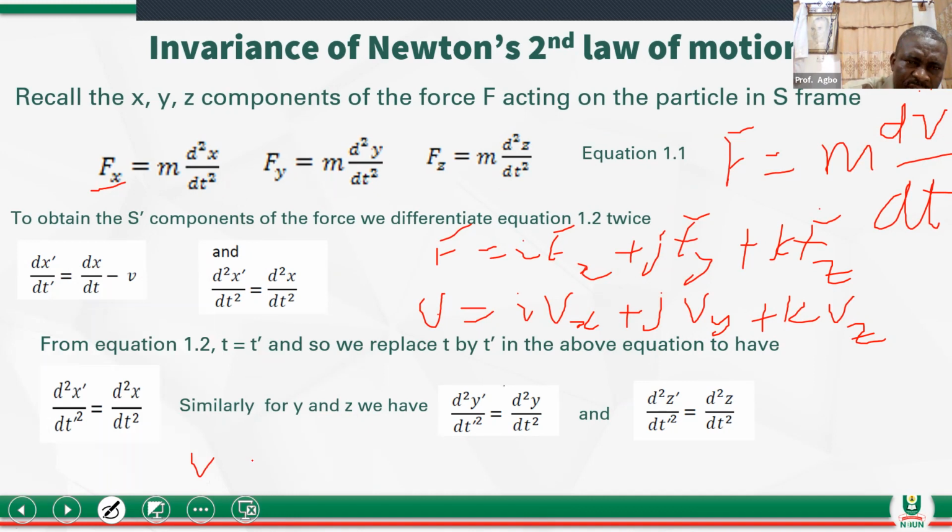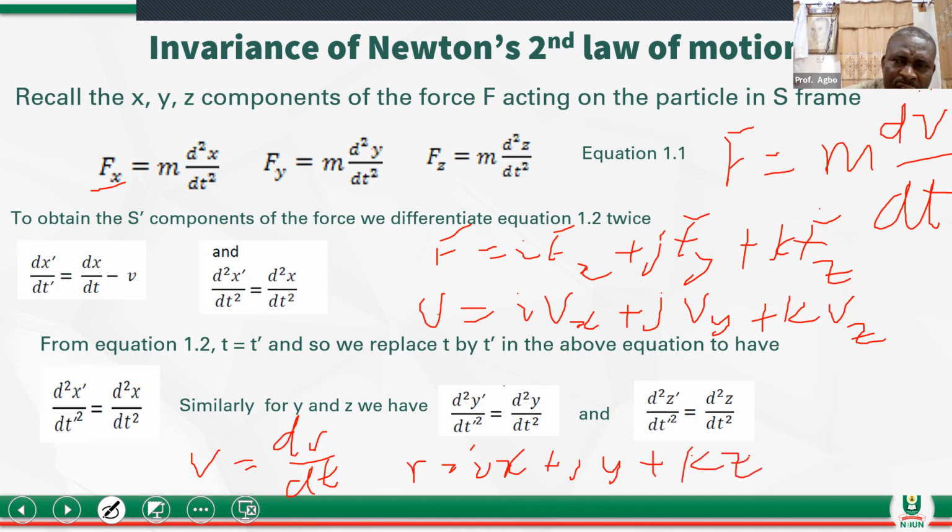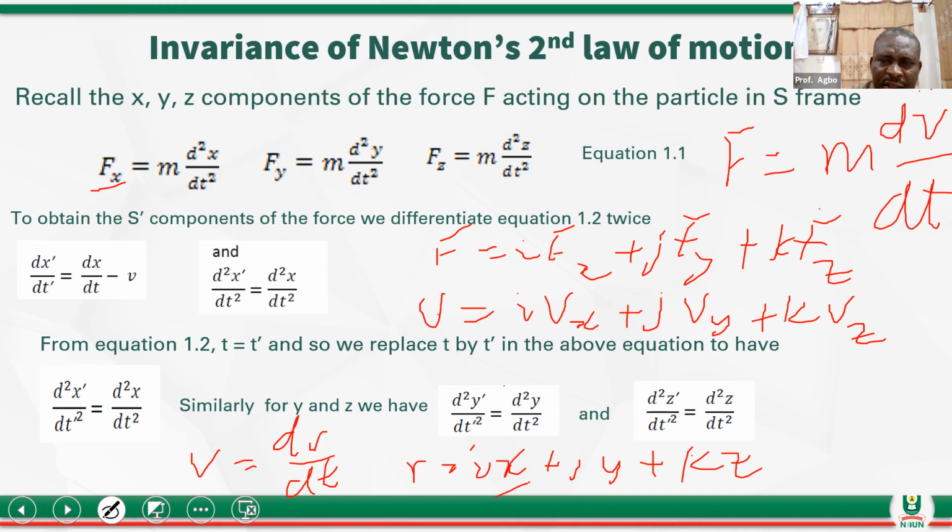Velocity V is equal to dR over dt, and we know that R is equal to i x plus j y plus k z. So if you need to have the acceleration, which is dv dt, it is going to be the second derivative of x here.